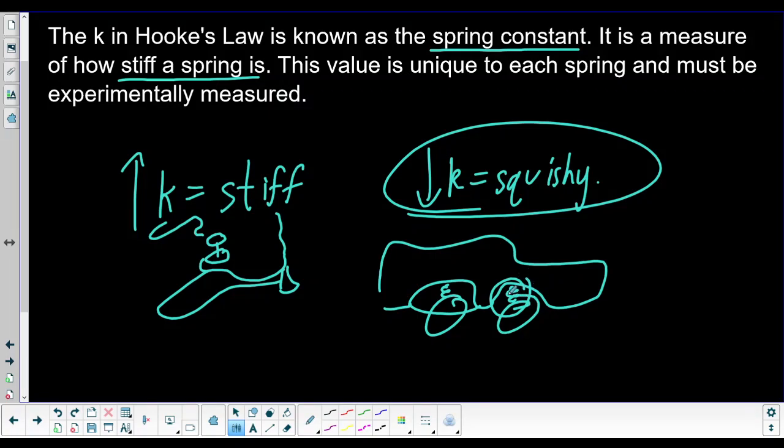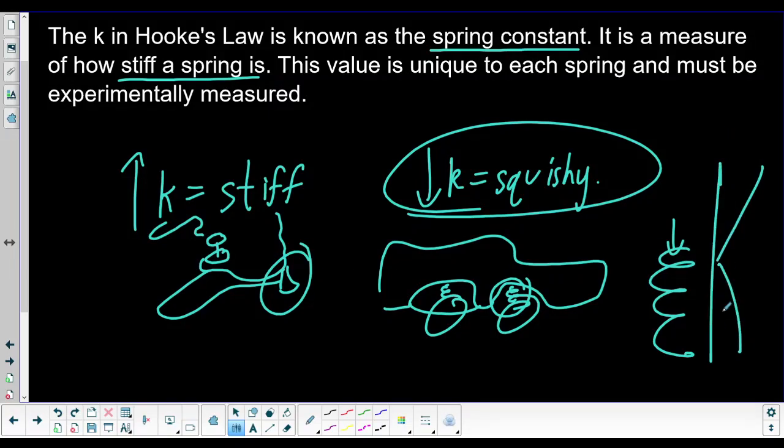If you ever took one of these out of your car and stood on it, it would squish a little bit, right? But these things are incredibly stiff. They're big, hardy springs for cars. This is going to be a lot harder for you to compress than the trigger. So it would have a much larger k value, whereas the trigger would have a little bitty baby k.